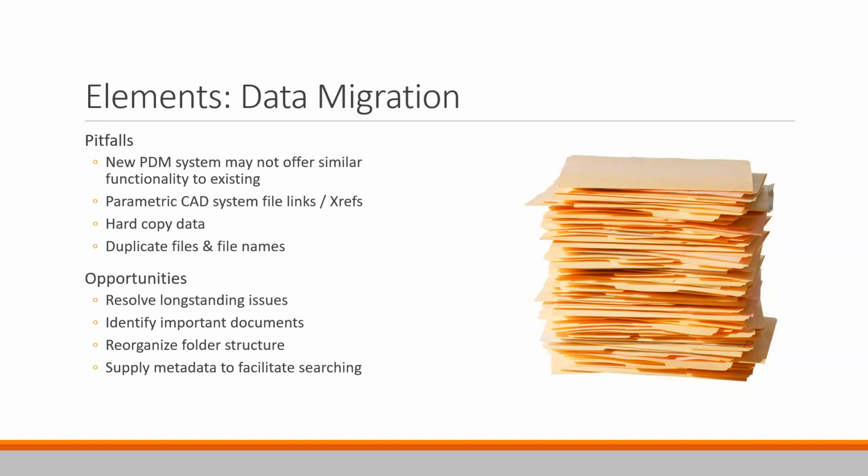Most people know they have some long-standing issues with the way they organize their files, be it people making parts off of old drawings because they didn't know a newer one was present, the inability to track revisions, especially for Inventor documents where you can't just slap the rev number on the end of the file name like an AutoCAD file, but really identifying in your data set what's important.